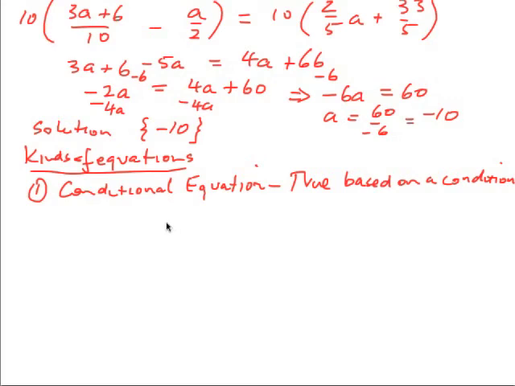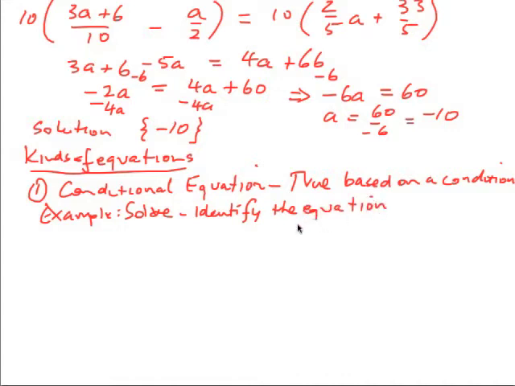It's true based on a condition, and that is what the actual value of the unknown is. So for example, let's suppose we just do a simple one again. Let's suppose I want to solve, and we want to identify the equation as being either conditional or not. So let's have a look at this one here.